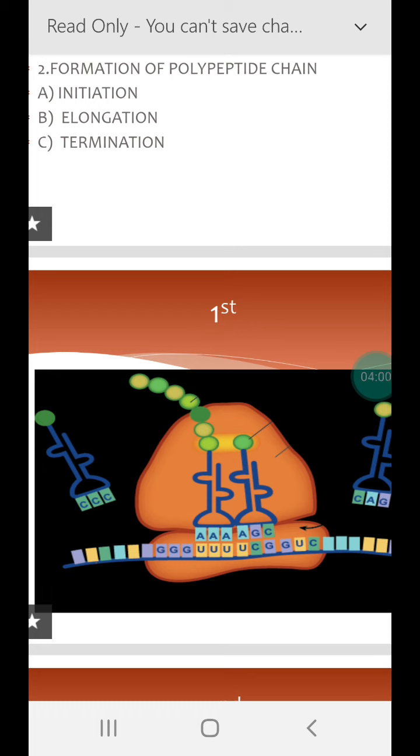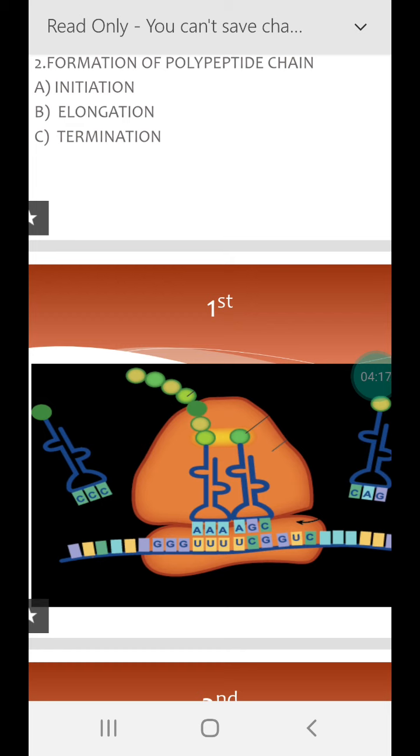And the start codon is AUG, and it is very necessary to position it properly. That is, the start codon AUG is positioned properly.